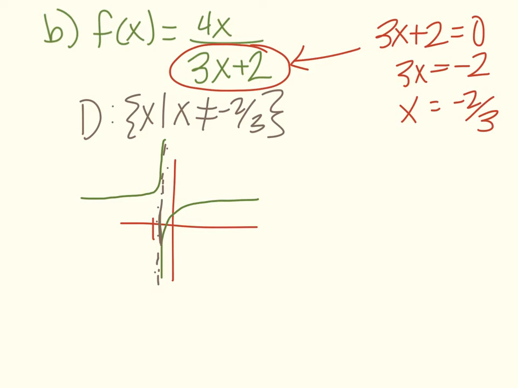So again, if I'm describing the behavior as it's approaching the excluded value, I see as my function approaches negative 2/3 from the right, this time my function is going to negative infinity. As the function approaches negative 2/3 from the left side, my function value is approaching positive infinity.